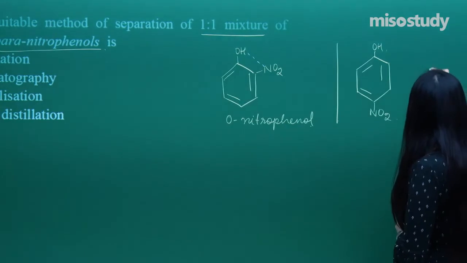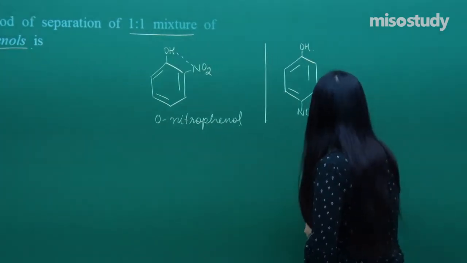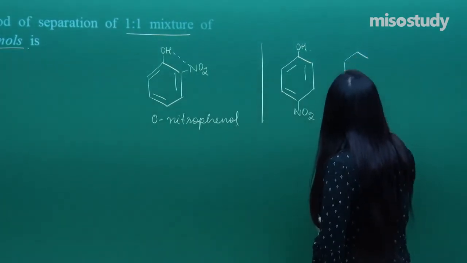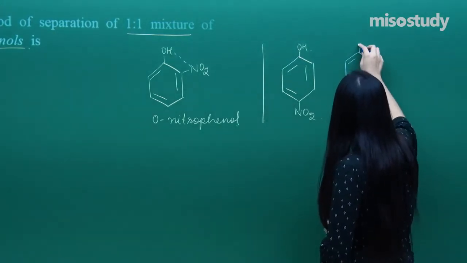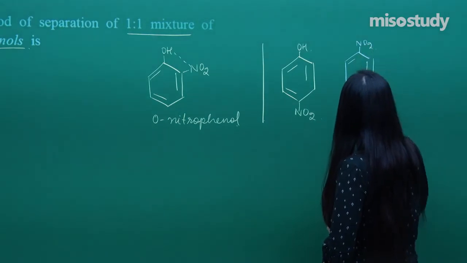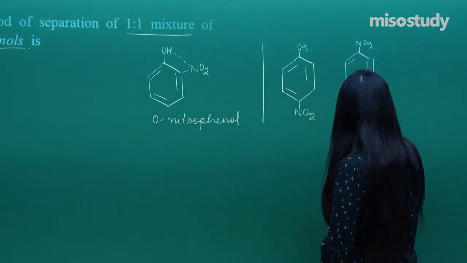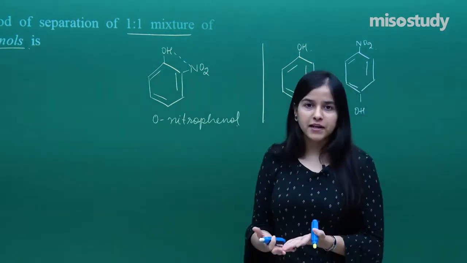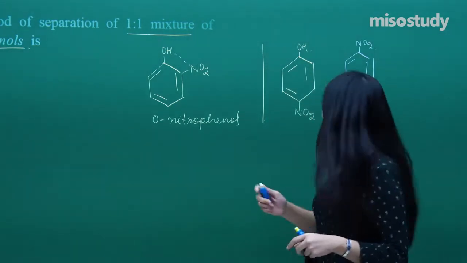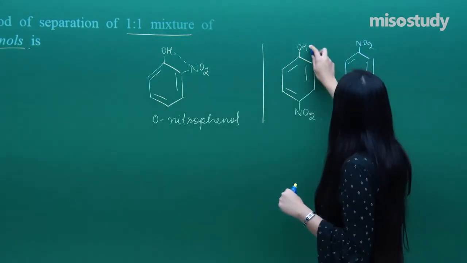Here it will be something like this. Maybe one molecule like that, arranged upside down. It could be any possible arrangement resulting in intermolecular H bonding. Here I am taking one of the cases.